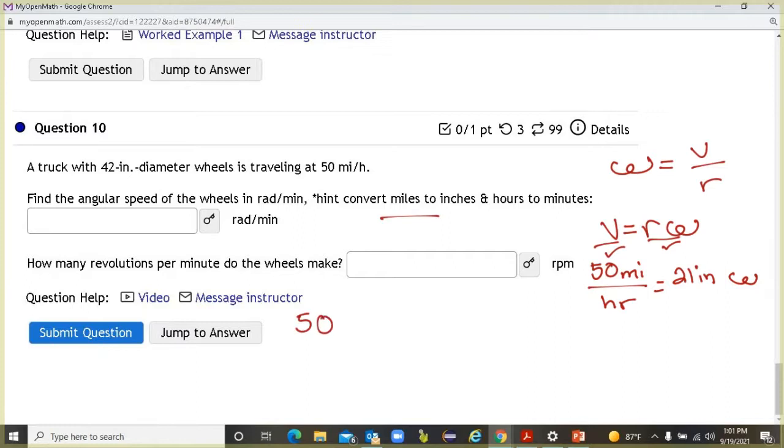So let's just focus on that velocity for a second. 50 miles in 1 hour times, there are 5280 feet in 1 mile. All right, so my miles will cancel.